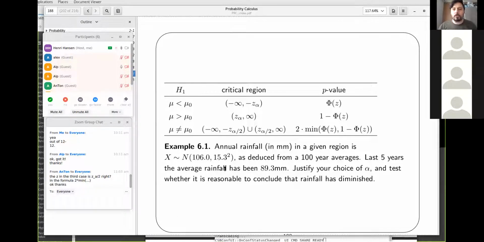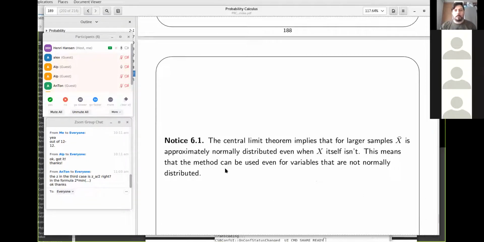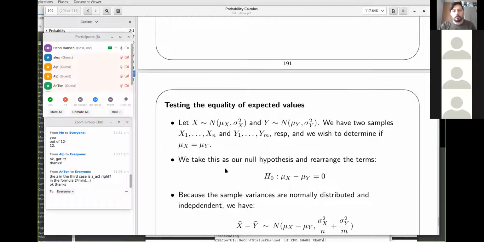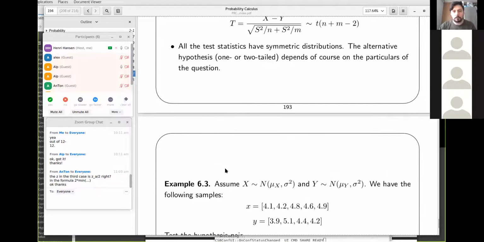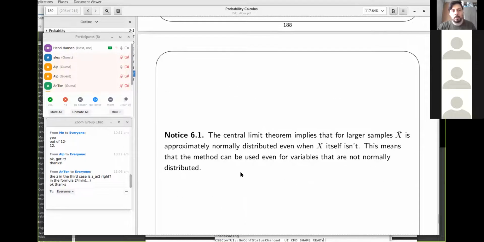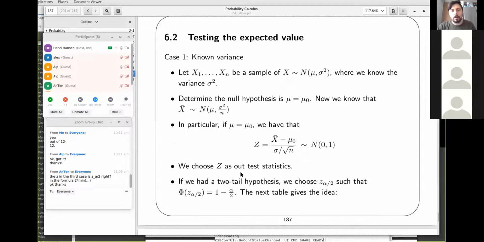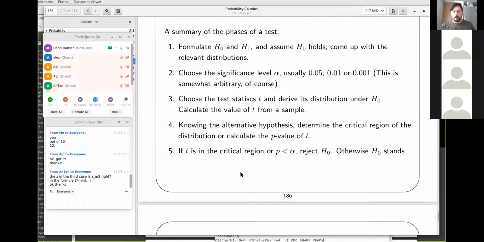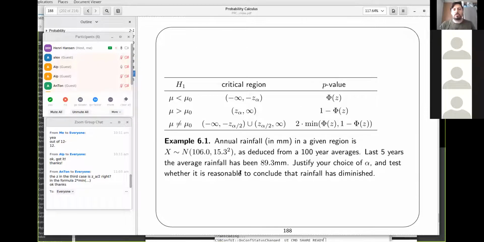So let's go back up here. We formulated the hypotheses, so now choose a significance level. What would you choose as a significance level?